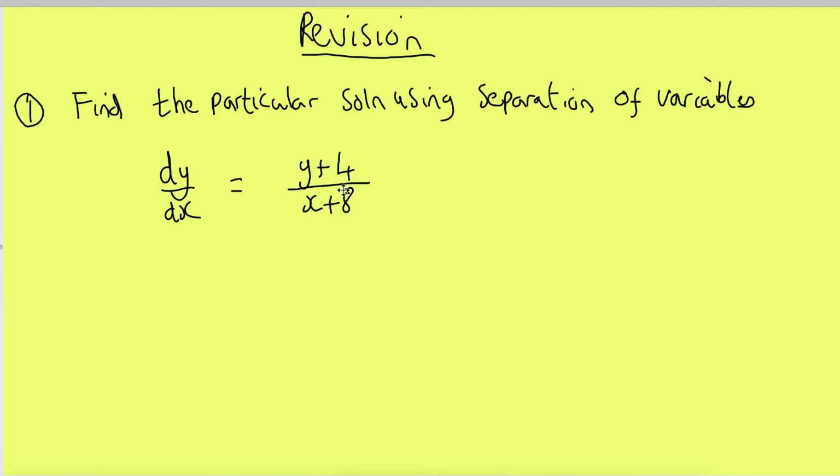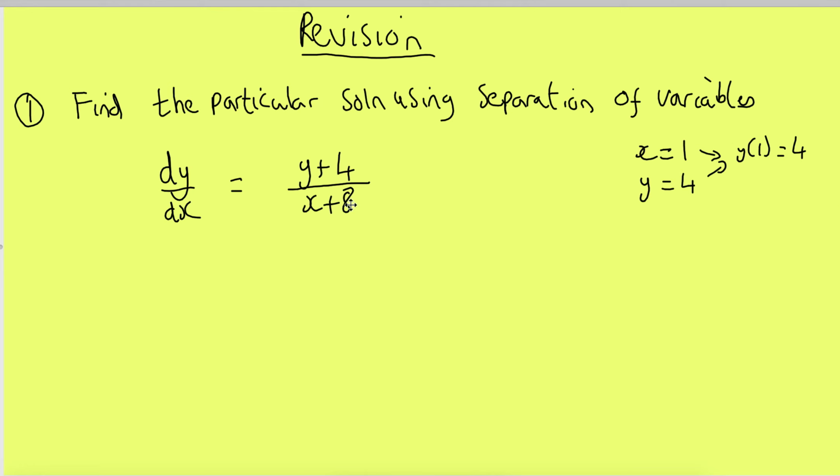And, of course, I need my initial conditions, which is when x equals 1, y equals 4. Okay, remember that could be written as y of 1 equals 4. They mean the same thing, right? So both of those can condense into that there. That means when x equals 1, y equals 4. So you just watch that. It might be written like that in an assignment or an assessment or when you get to university, right?